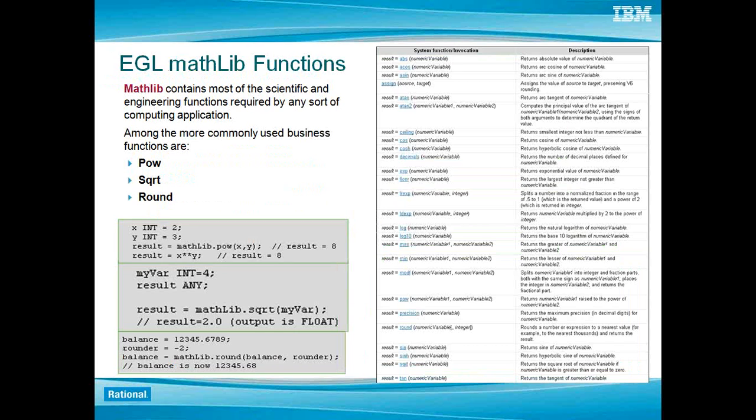Same way we have the mathlib library, through which we can perform mathematical operations. For example, we have power, round, square root, sine and cosine functions, and some other functions. These functions, in detail with examples, are given in the RBD help.